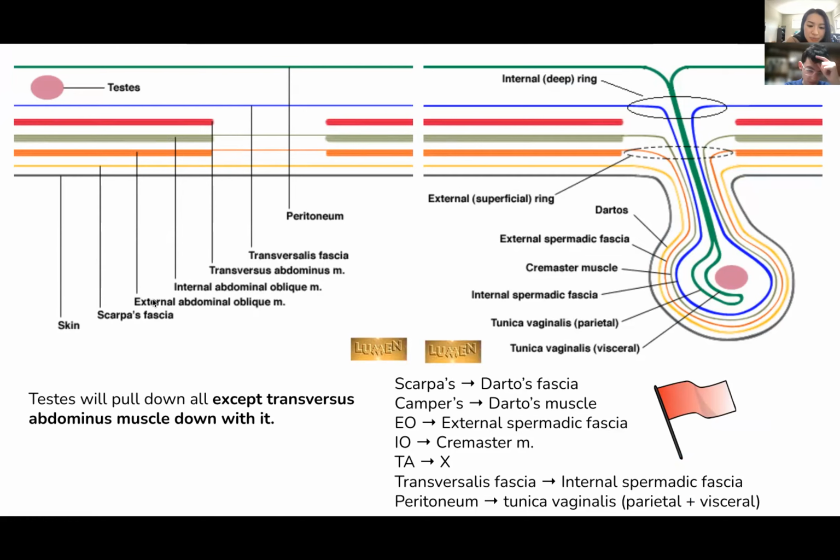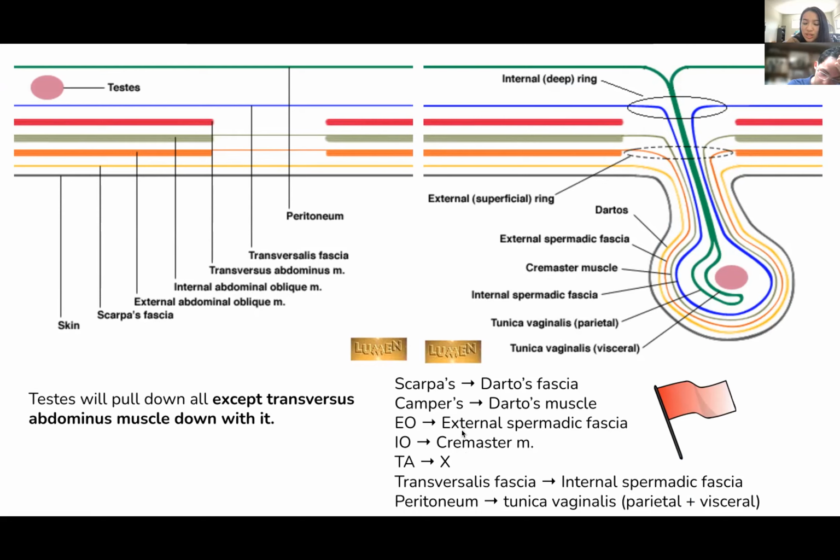External oblique becomes external spermatic fascia, that's pretty easy. However, just remember it doesn't get easy after that. The internal oblique turns into the cremaster muscle, and then the transversus abdominis doesn't get caught. It stays and doesn't go down into the scrotum, whereas the transversalis fascia does.